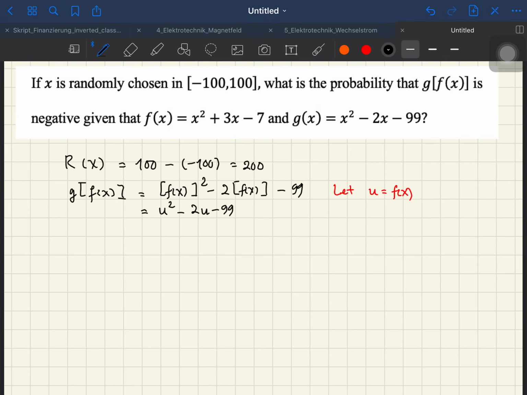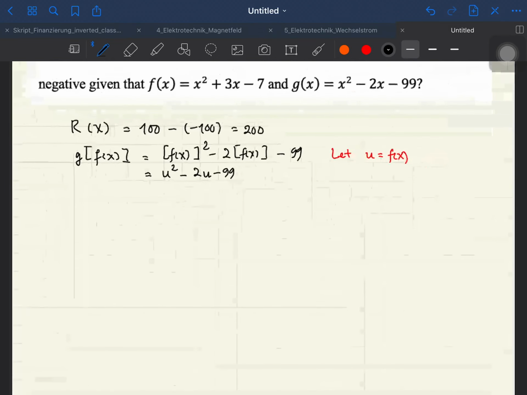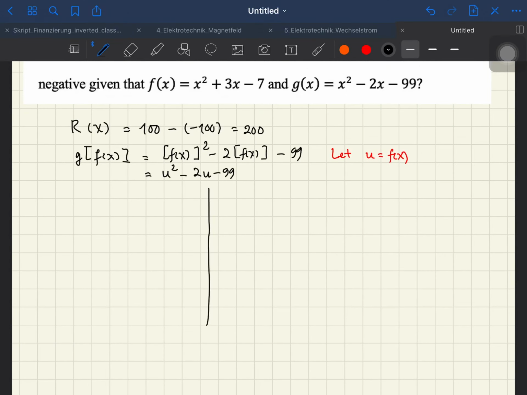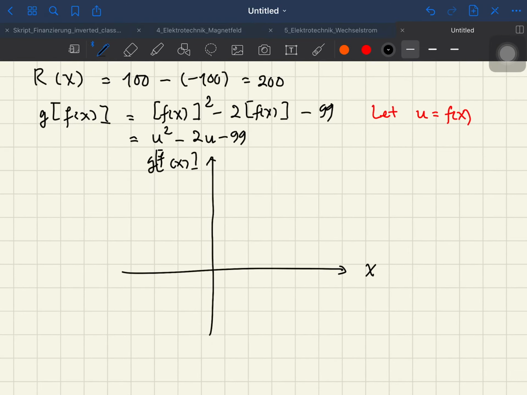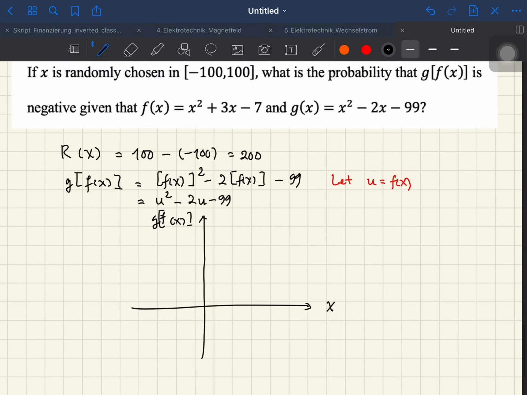In order to know what is meant by gf(x) being negative, in terms of the graph, you will have the graph of the composite function g of f(x) against x. When you plot the graph, what would you expect?